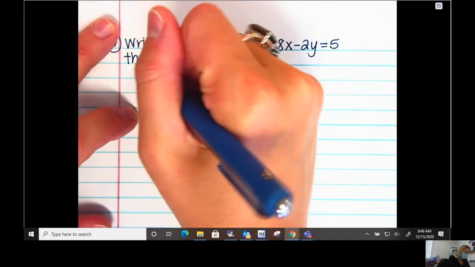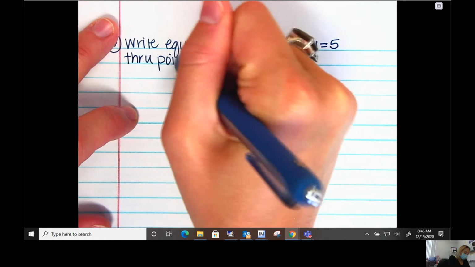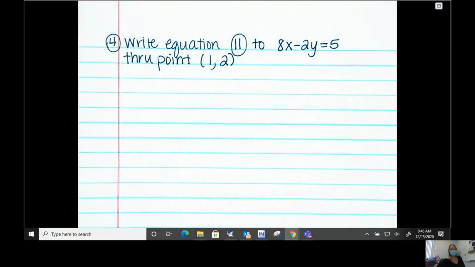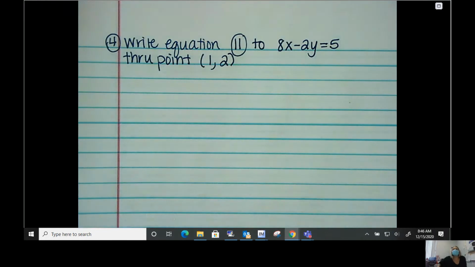That goes through the point 1, 2. So that means if you were to graph the equation, it would go through the point 1, 2 on a graph. So you're going to write an equation of a line parallel to 8x minus 2y equals 5 that goes through the point 1, 2.